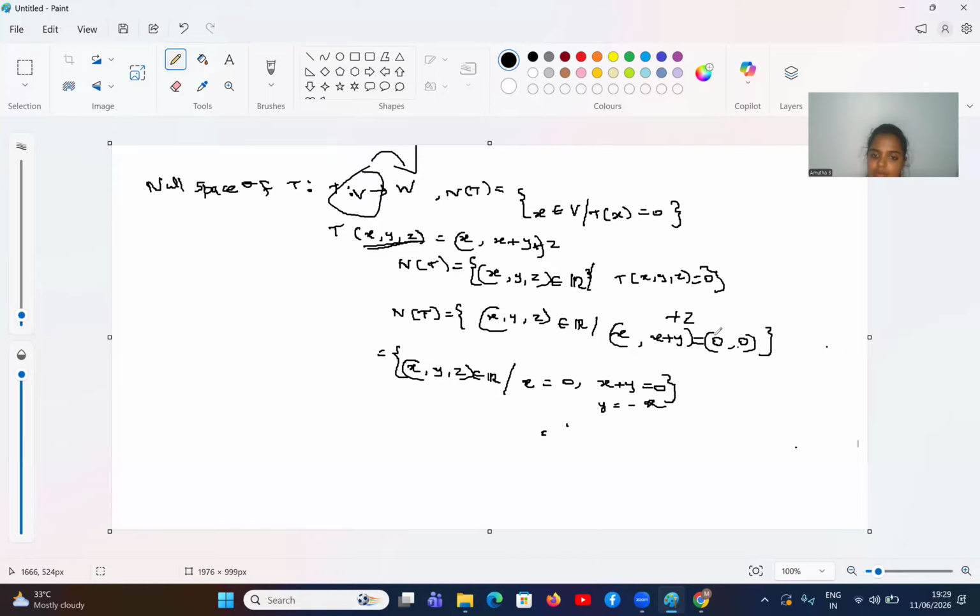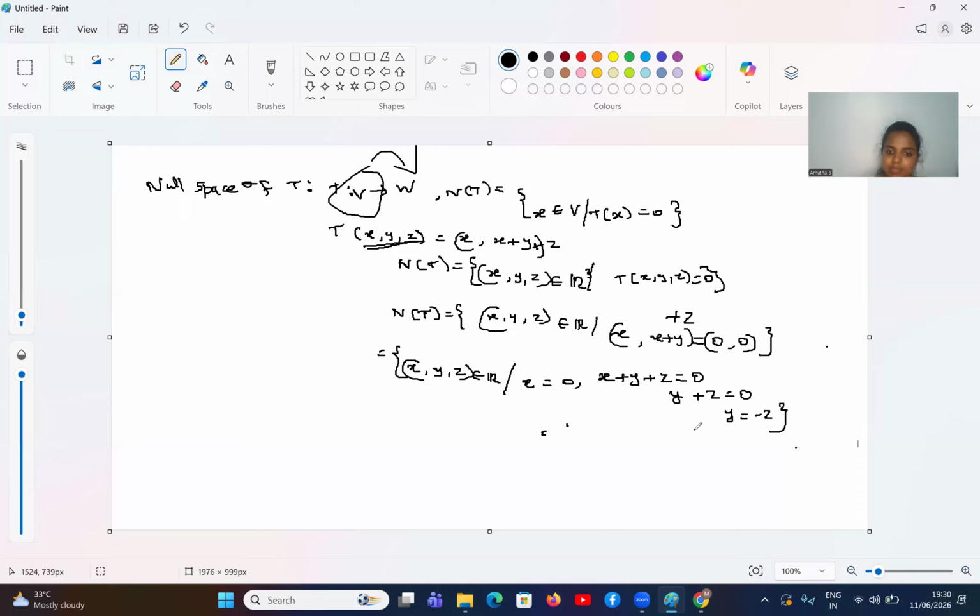Component-wise, we equate: x equal to 0 is okay. In the next step we have added z, so x plus y plus z equal to 0. x is already 0, so we have y plus z equal to 0. So, y equal to minus z.